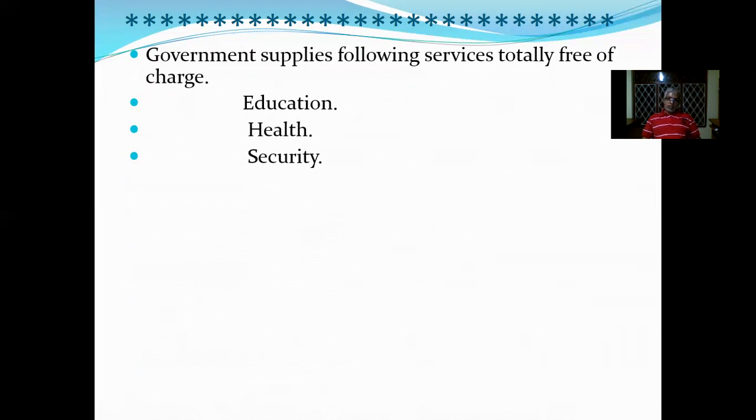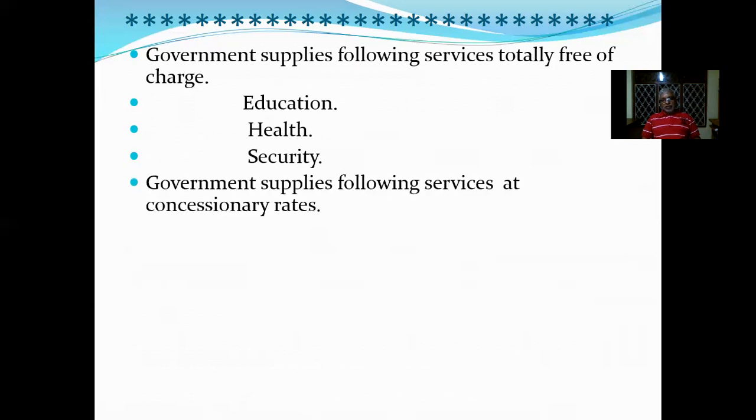The security service, the service supplied by the police and army personnel, they never charge for their service. Sometimes when people do some wrongs, fines or punishments are given. The money you have to pay as a fine is not a charge. All of them are supplied totally free of charge. That means not a cent is charged.